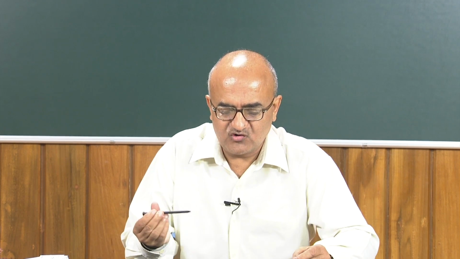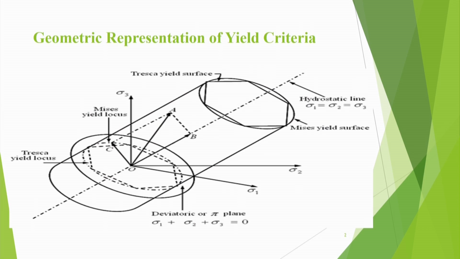You can write them in decreasing order. Sigma 1 is the biggest and sigma 3 is the lowest. If we have that type of situation, then you can of course discuss your yield criteria in terms of those principal stresses also. It is very easy to transform any state of stress if it is known to us, I can get the principal stresses.